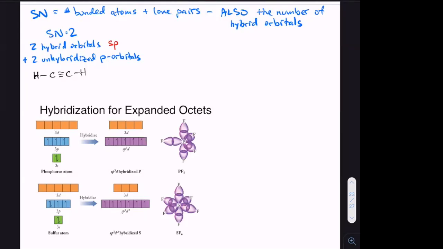For example, carbon dioxide is also SN2. Okay, but it's not a triple bond. You've got 2 double bonds instead. And if we spent the time, or you can just go and see this one in the textbook for yourself. It's still sp hybridized around that carbon because the steric number around that carbon is 2.